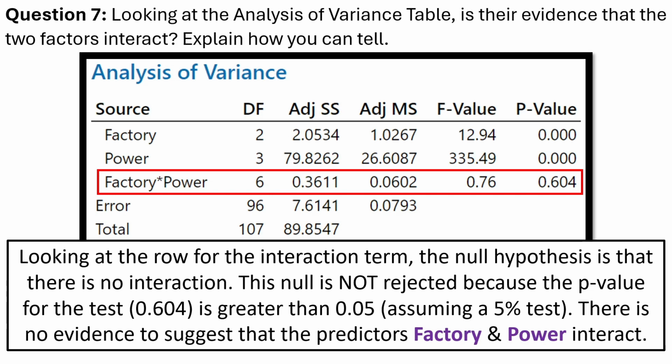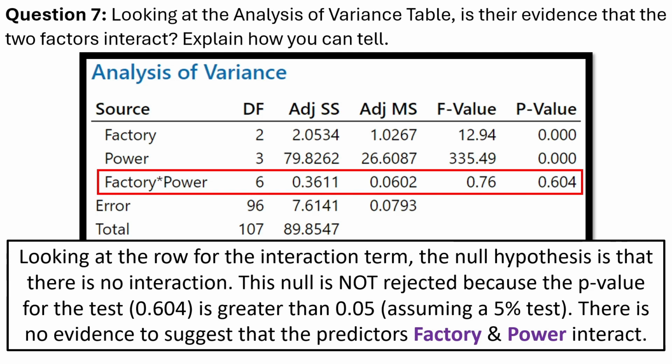This shouldn't come as a surprise because when we looked at the interaction plot, we saw the plots for those three factories were roughly parallel to each other. So this is not a surprise. This is what we expected to see, in fact. Now, at this point, we have shown that all of the conditions for two-way ANOVA have been satisfied.